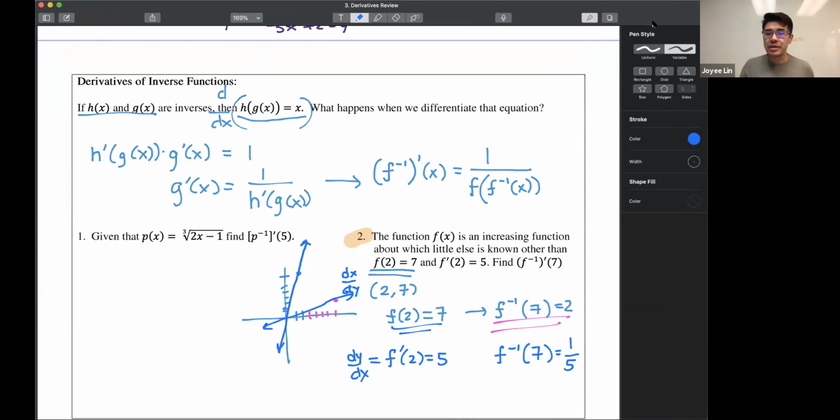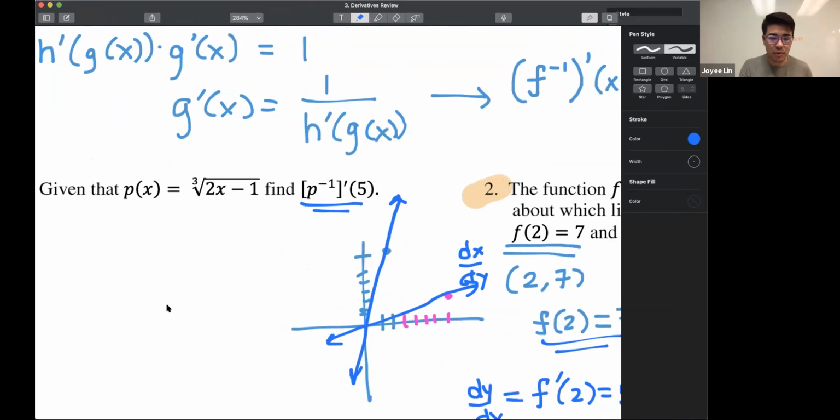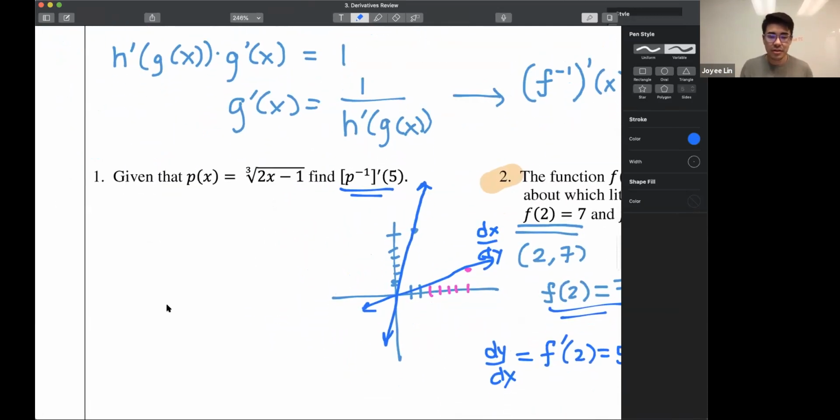So then you can do something similar over here with this one too, right? If we work backwards, let me zoom in so I can write a little bit more here. We're given that the slope of the inverse function is 5, or we don't know what it is.